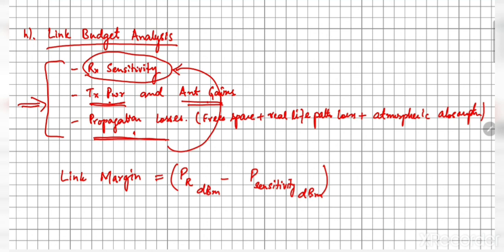And if this difference is negative, that means that the received power is less than the sensitivity of the receiver, then we are sure that the receiver will not be able to reliably decode the messages that were sent. So it's very clear: a link margin of less than 0 indicates that the communication link will not work.